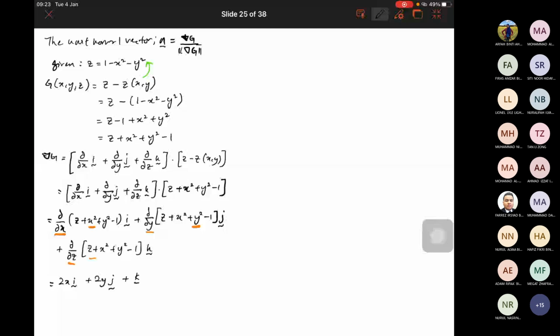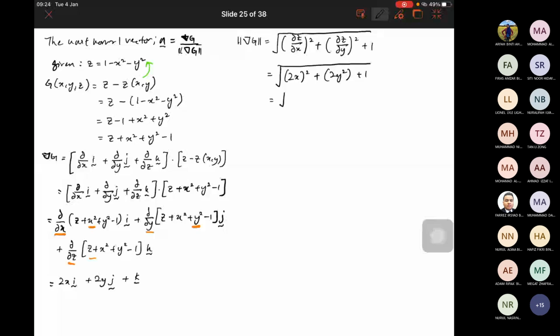And then we want to get the Euclidean length of delta G. So Euclidean length of delta G equals the square root of delta z over delta x squared plus delta z over delta y squared plus 1. Square root of (2x) squared plus (2y) squared plus 1.